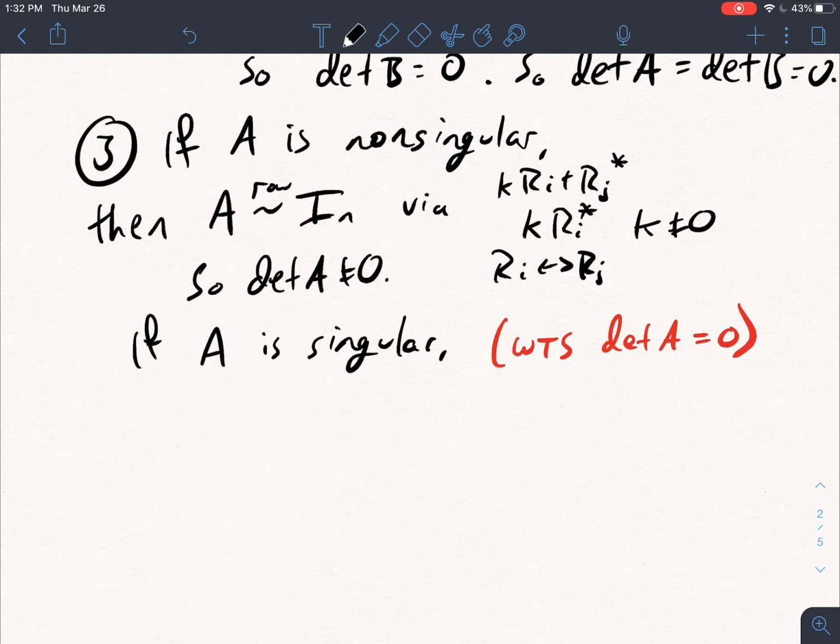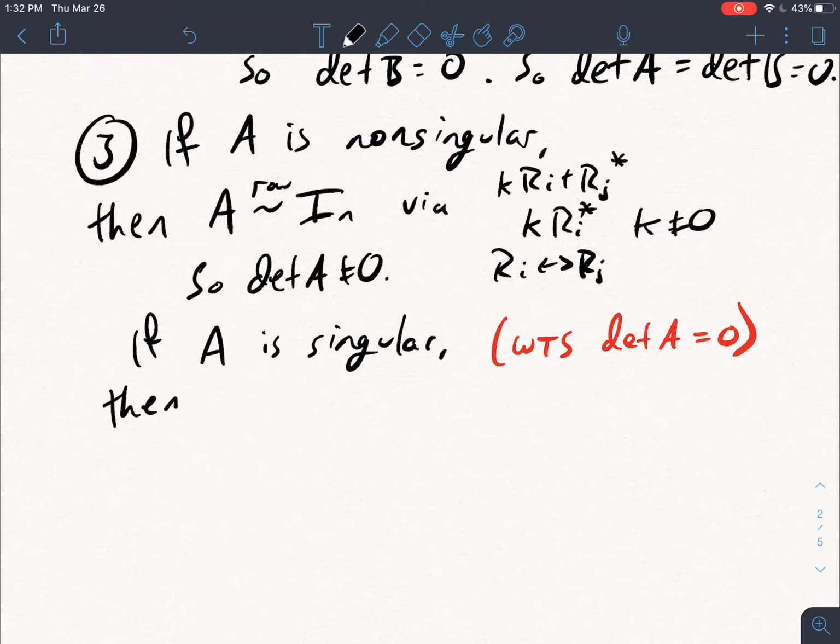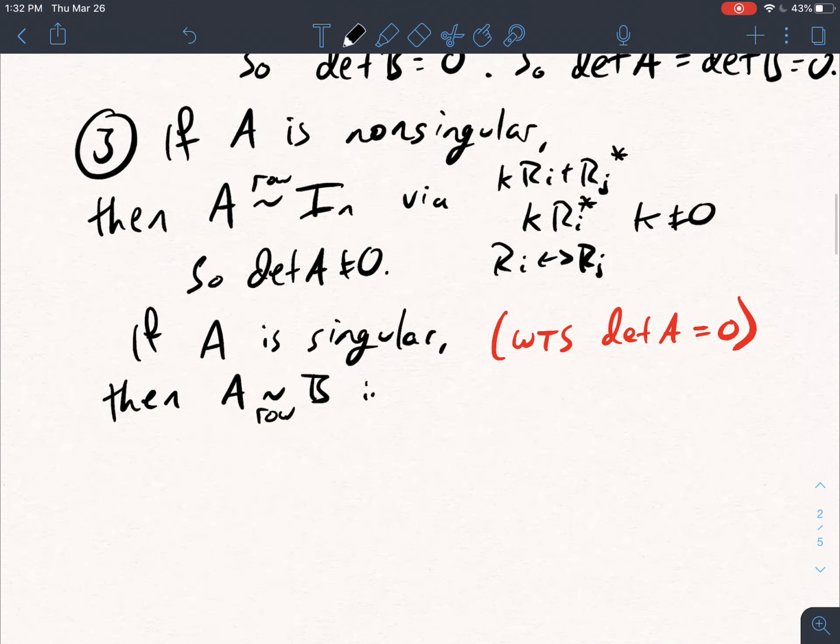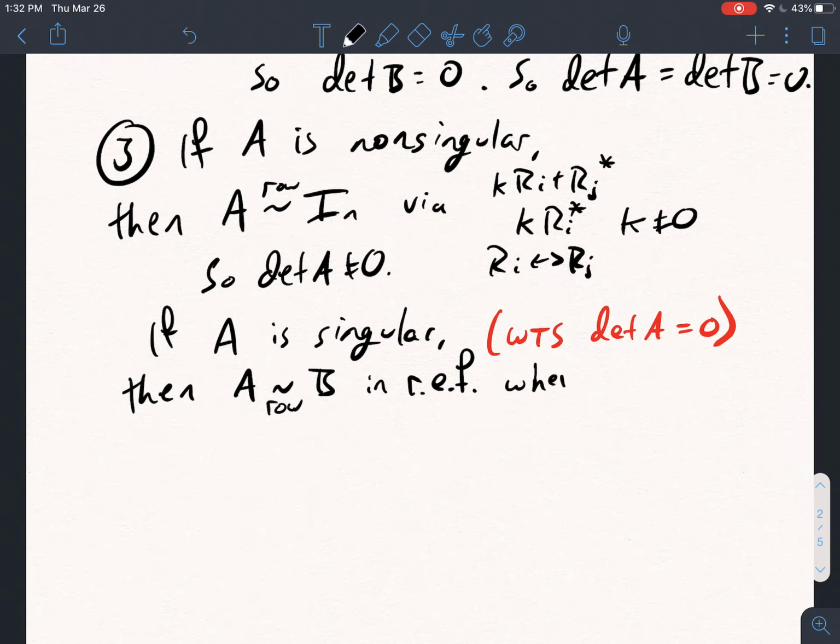So A is a square matrix. It is singular. That tells us that A is row equivalent to some matrix B in reduced echelon form, where B has a row of zeros.